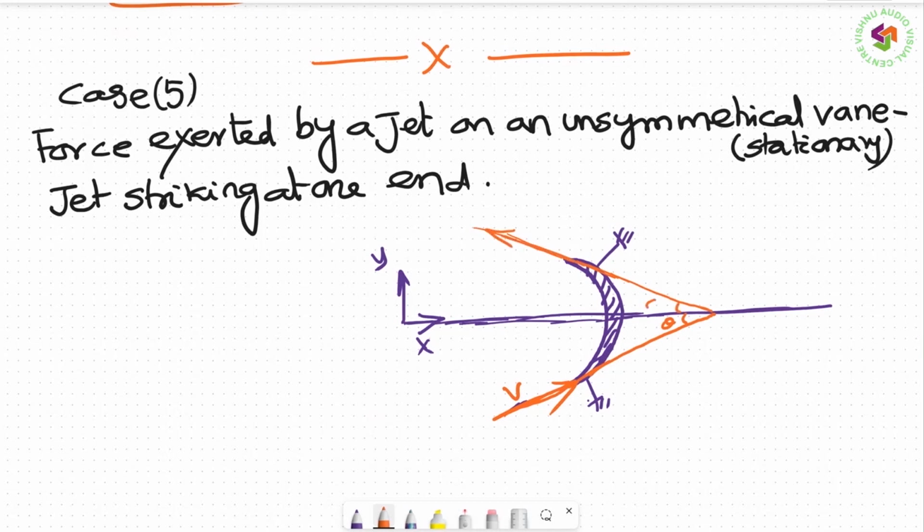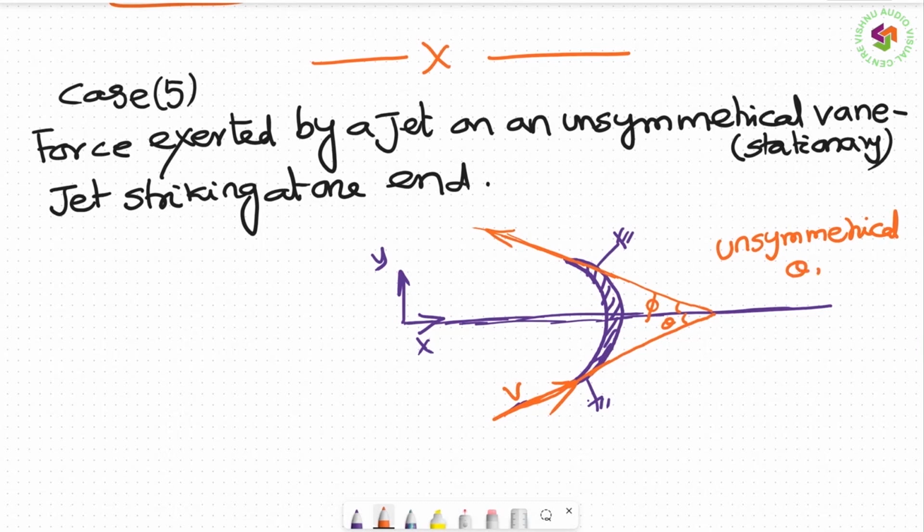This angle is different. Previously, both these two are same. Now this is theta, the incoming jet is at theta, while the outgoing jet is at phi. So that's why it is called unsymmetrical, right? These two are different.